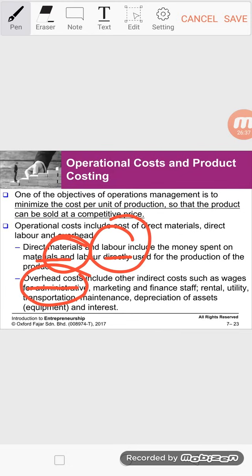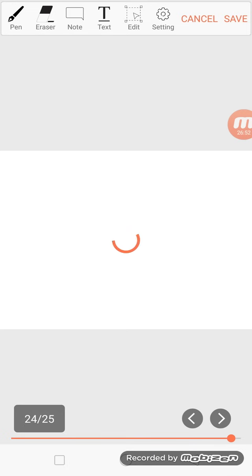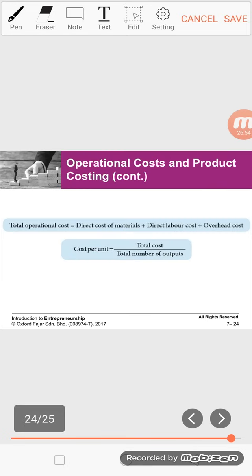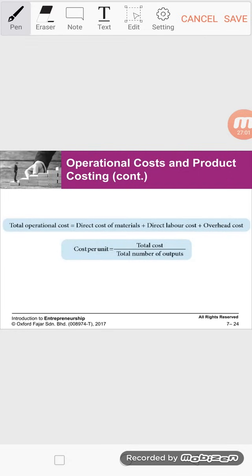Tapi sebenarnya engineer orang dalam office ni dia tak adalah betul-betul the frontliners of the production of the roti ni, tetapi dia diperlukan juga di belakang tabir. Jadi when we want to calculate our total operational cost, dia sebenarnya adalah direct cost of material tu. Okay, so direct cost of the material, remember, and also direct of the labor cost and also the overhead cost juga. Okay, so itu adalah total kita.